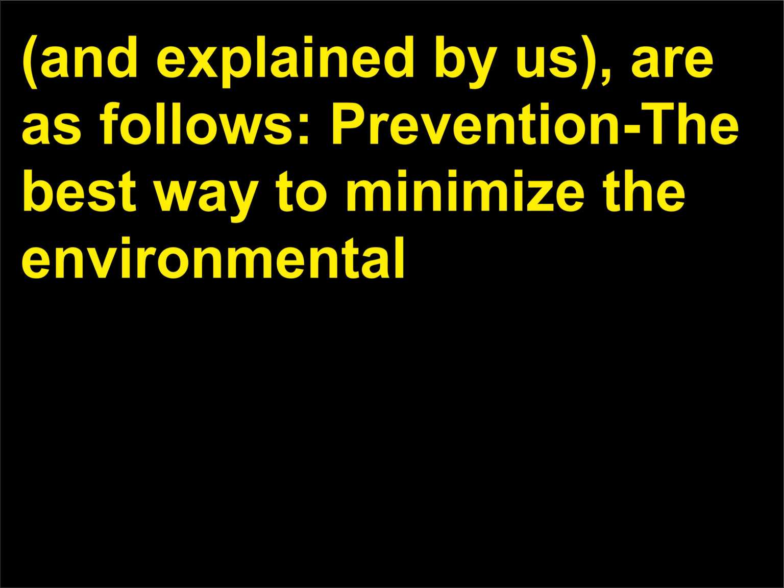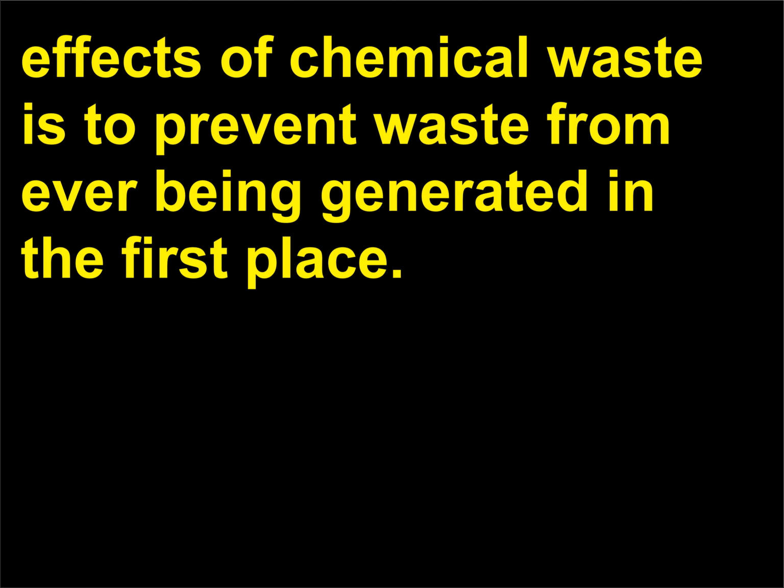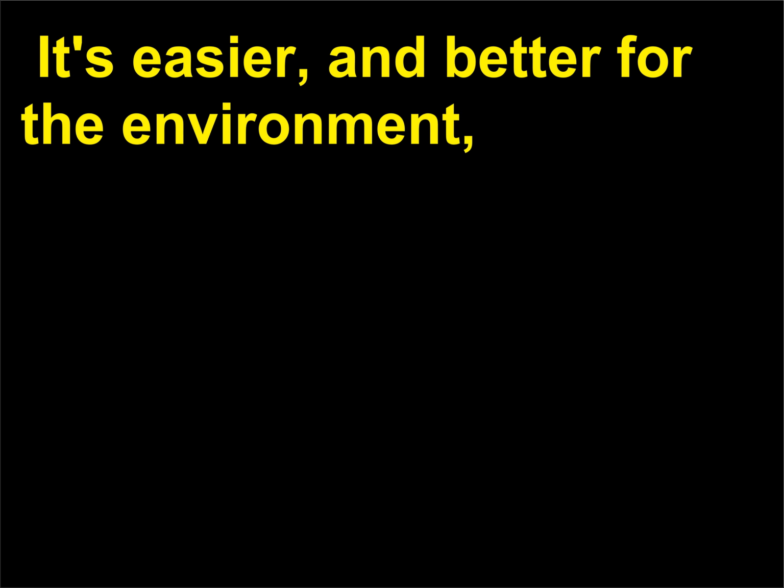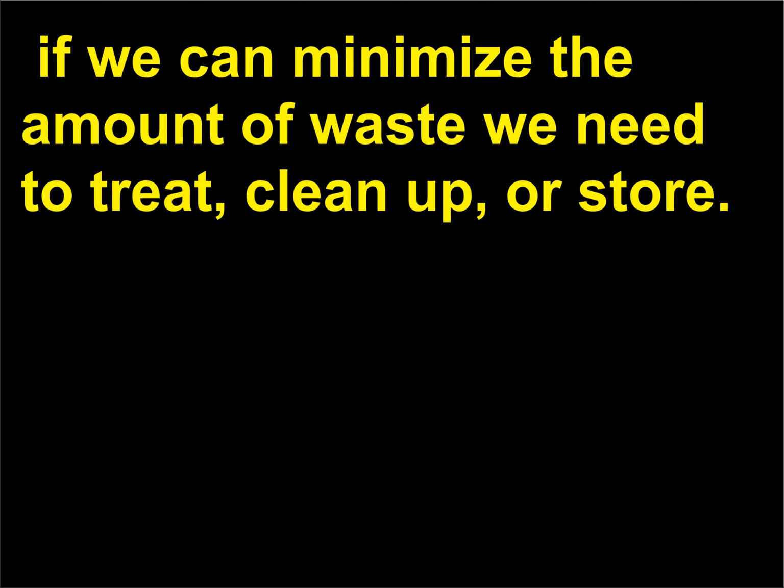The best way to minimize the environmental effects of chemical waste is to prevent waste from ever being generated in the first place. It's easier, and better for the environment, if we can minimize the amount of waste we need to treat, clean up, or store.